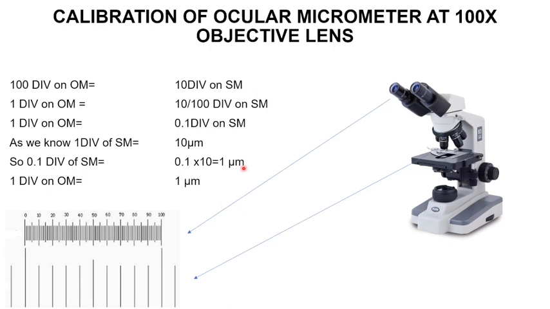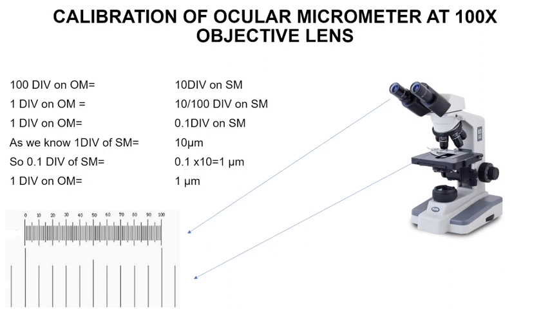And if 0.1 division of stage micrometer is equal to 1 micrometer, then one division on ocular micrometer will be equal to 1 micrometer. Why? Because one division on ocular micrometer is equal to 0.1 division on stage micrometer, that is equivalent to 1 micrometer. So in this way, you can easily calibrate your ocular micrometer.